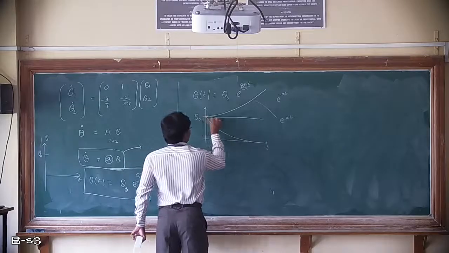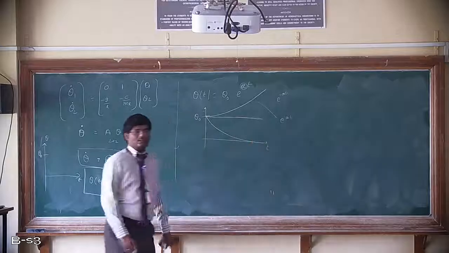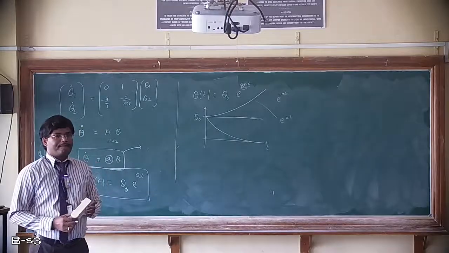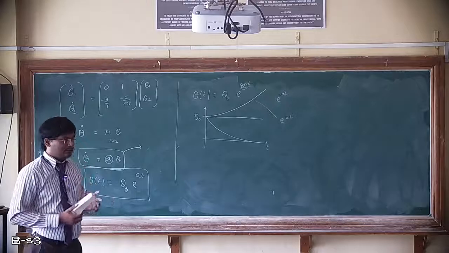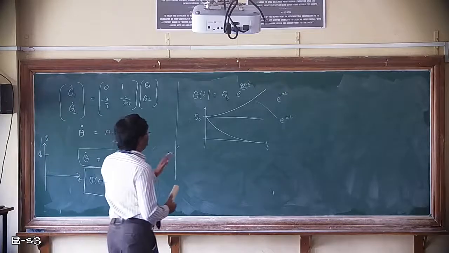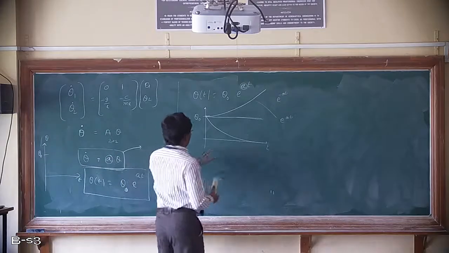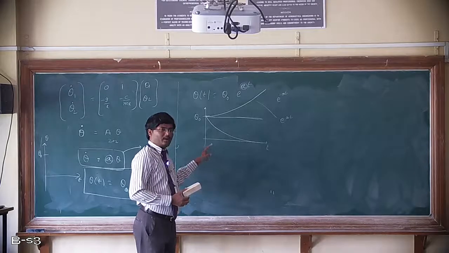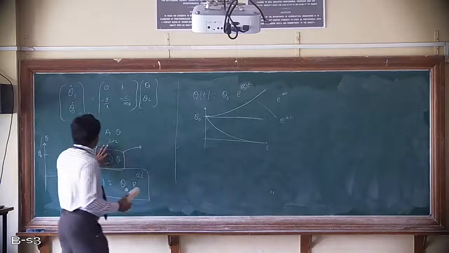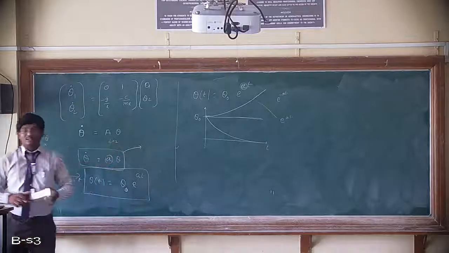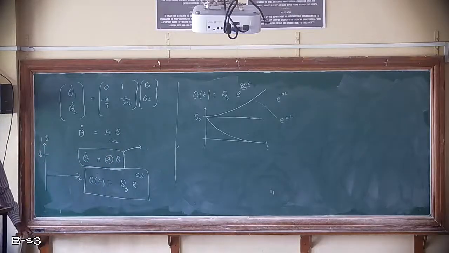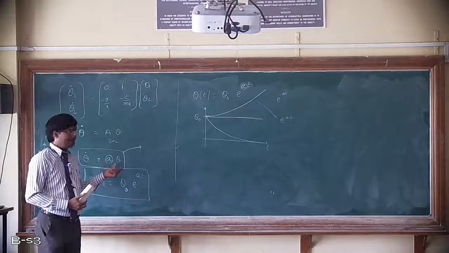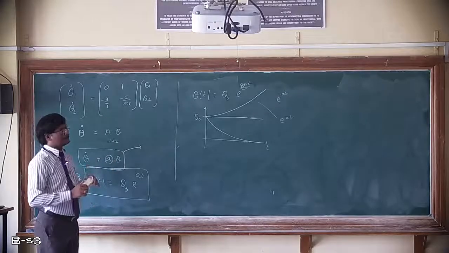This theta naught will maintain constant amplitude. Are you understanding? Is it clear what is happening here? By observing the constant, we can comment on the stability of the system, right? Are you getting?